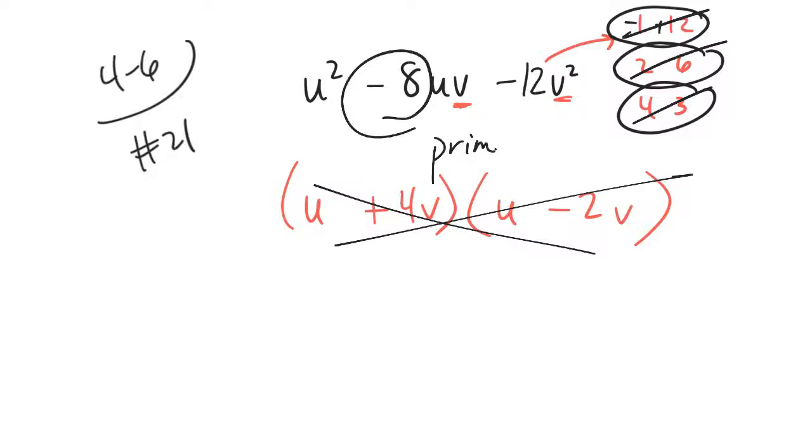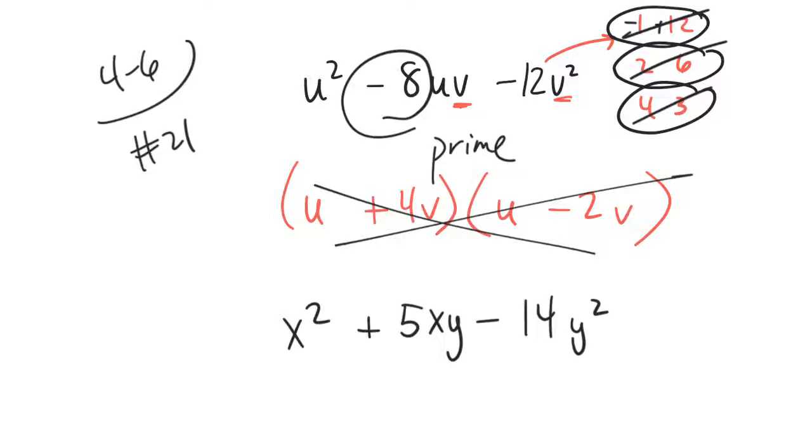But I want you to see, Gus, that the v squared at the end and the v in the middle doesn't affect my factoring. You just have to tack it on to the second part of the binomial. So let's do one that does work, okay? Ready? Let's say, and let's tack on the y at the end here. So the same type of problem that we just looked at, but now it is factorable.